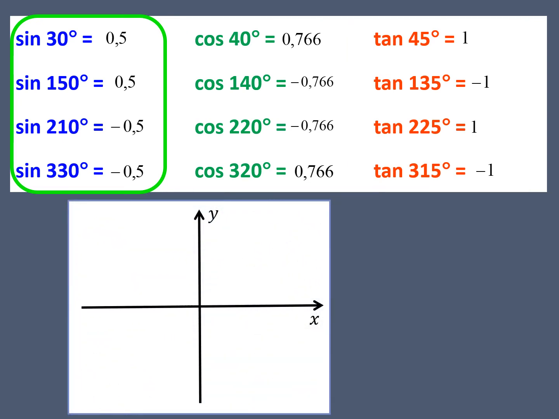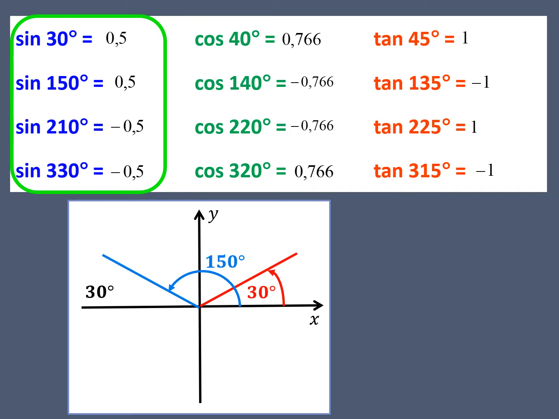If I just look at the 30 degrees, 30 degrees is an angle in the first quadrant. If I measure an angle of 150 degrees, it will be around in the second quadrant, but interestingly enough it's only 30 degrees away from the x-axis.